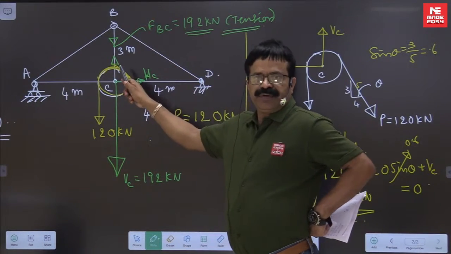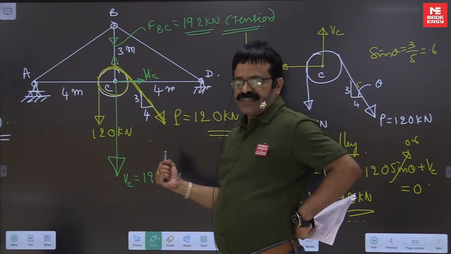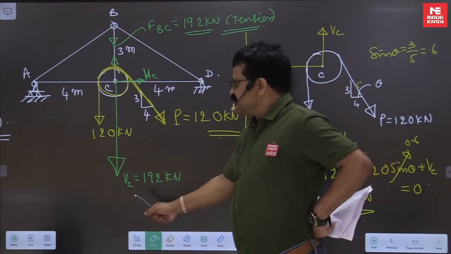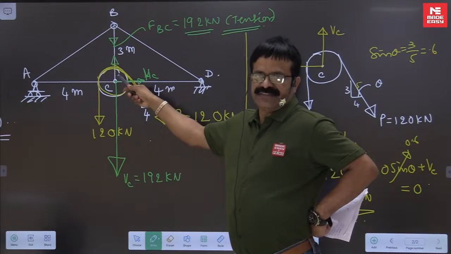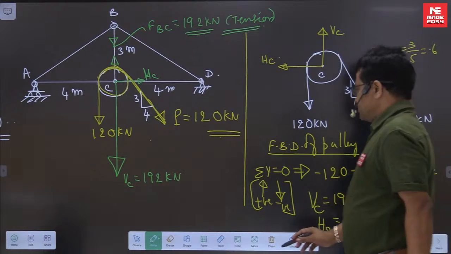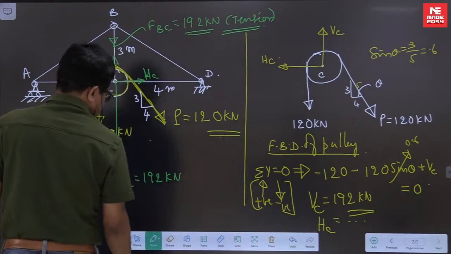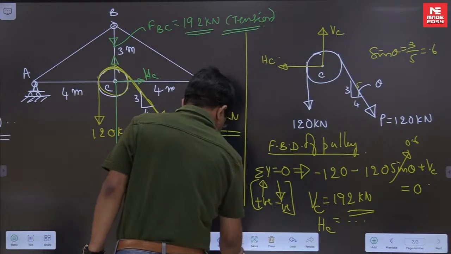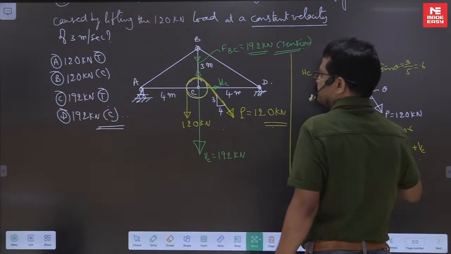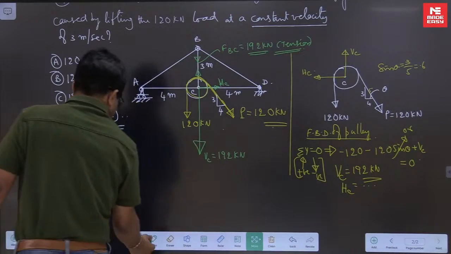Because of the pulley, there is a net downward force at joint C of 192 kilonewton. To resist the downward force, this will be under tension, 192 kilonewton. Okay, so this is how we should manage the problem. So 192 kilonewton tension is the answer.